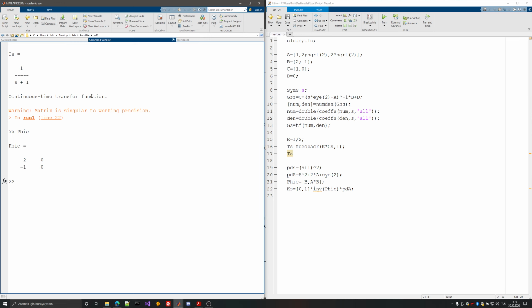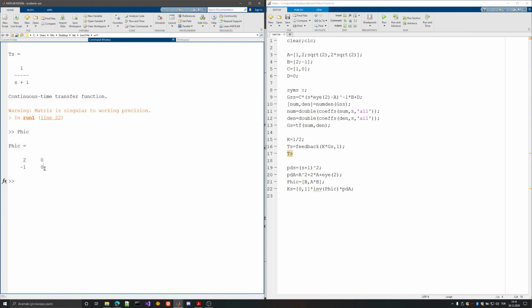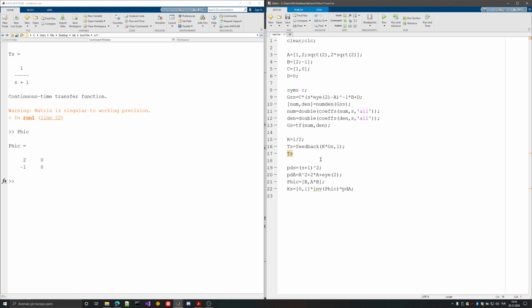Now, what should I do then? Basically, this means that you have controllability issues, and most probably your system is not degree n. Maybe it is n minus 1, because you have just one column and the other column is a 0 column. So maybe it's too high of a degree.